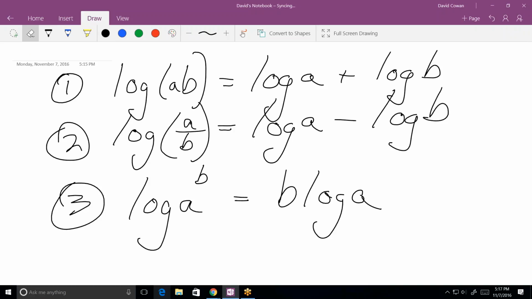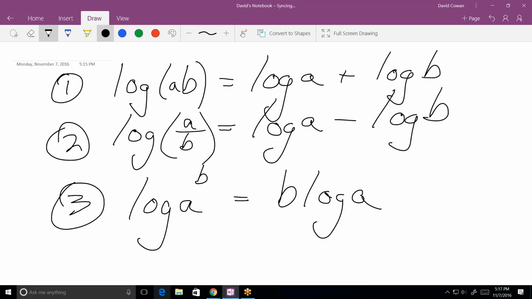So these 3 rules, you're going to have to know these, and I mean backwards and forwards. In other words, they're going to give you tons of problems where you have to expand an expression. In other words, you have to go from the left side to the right, and they're going to give you tons of problems where you have to condense expressions.